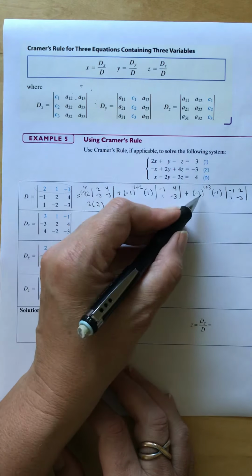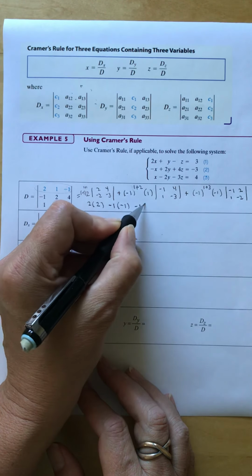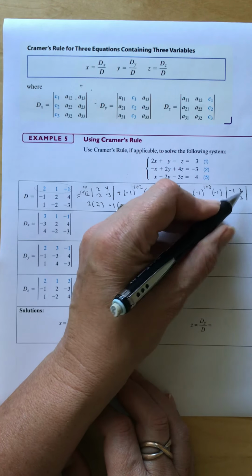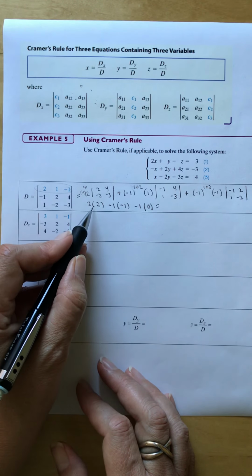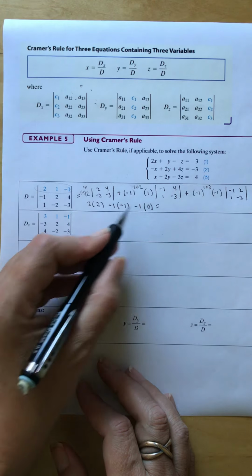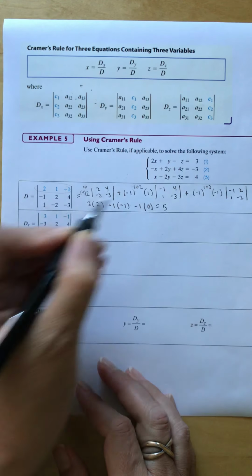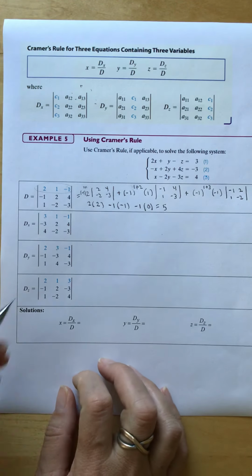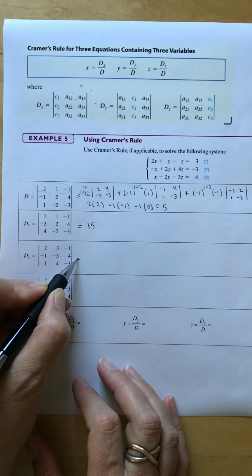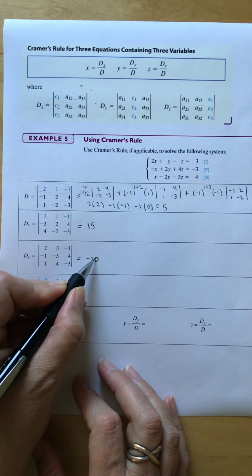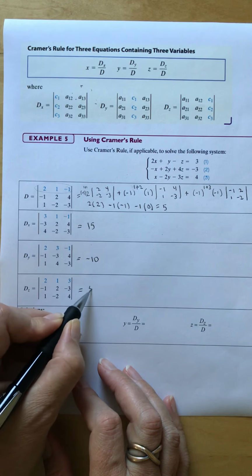And then -1 and +2 minus 2, 0. So this determinant ends up being 4 plus 1 plus 0, or 5. And then we could keep doing that, but this determinant is 15. This determinant is -10. This determinant is 5.